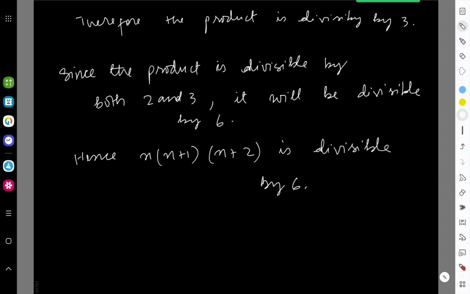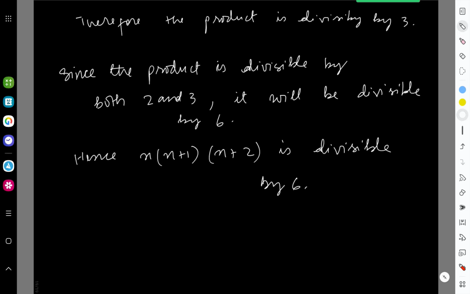I will suggest you remember the statement of Euclid's division lemma, and also remember the general form of expressing an integer. You have to read the question properly and identify whether it is asking for any consecutive integers, or consecutive odd integers, or consecutive even integers.